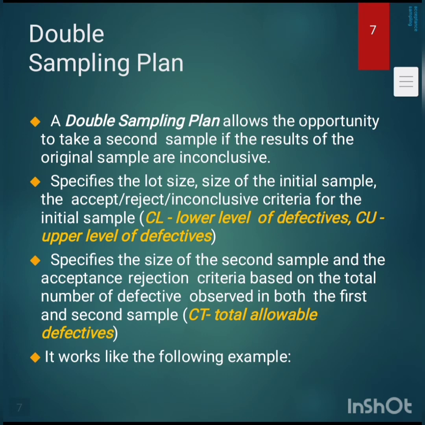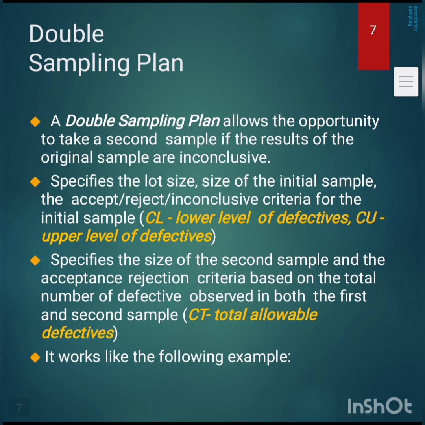In this method, double sampling plans allow the opportunity to take a second sample of the lot and examine it for its quality. From the same lot, the second samples are taken and examined for quality. In such a plan, the lot size, the number of samples selected, and the defective and good products of both the first and second sampling are considered to take a decision.